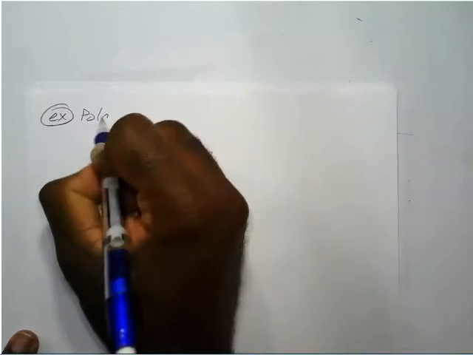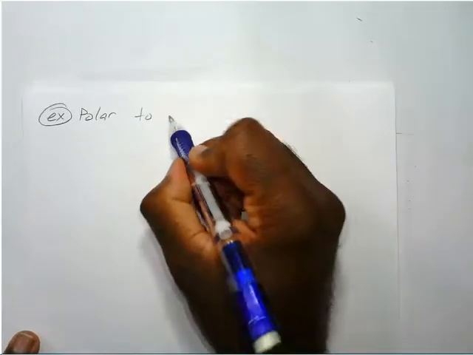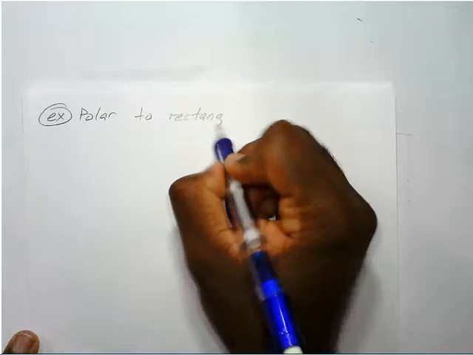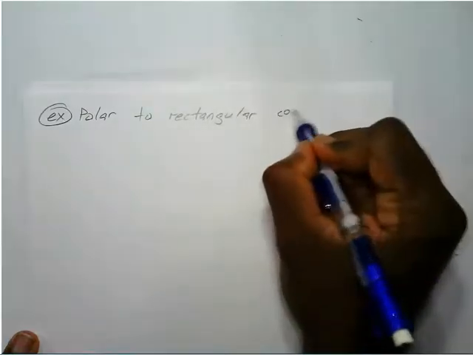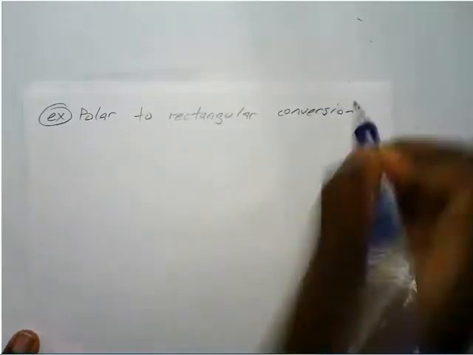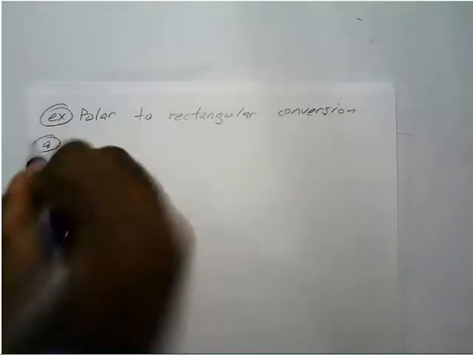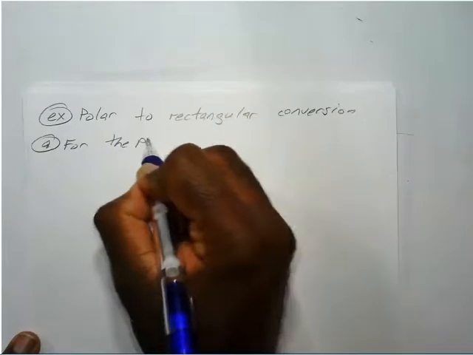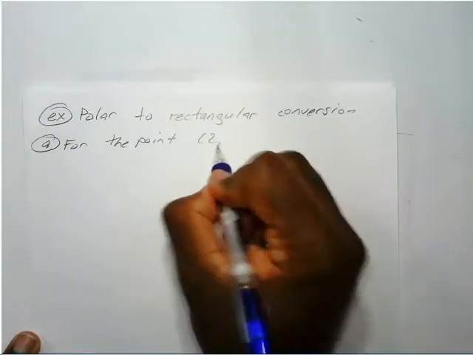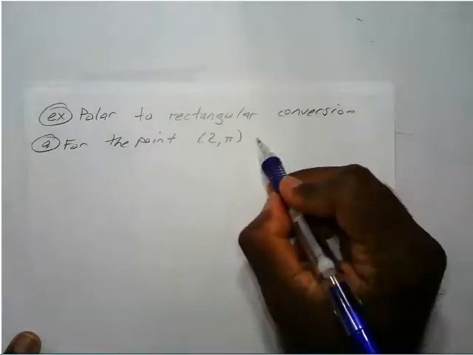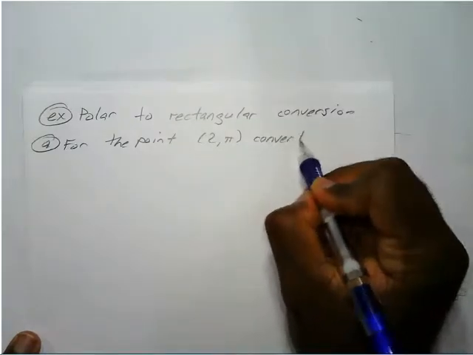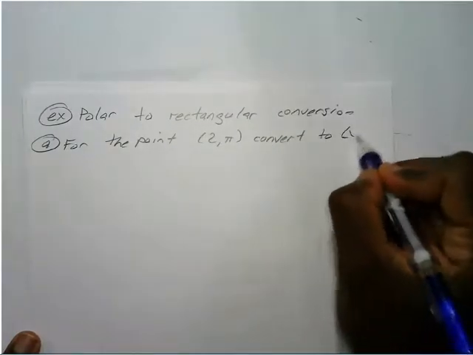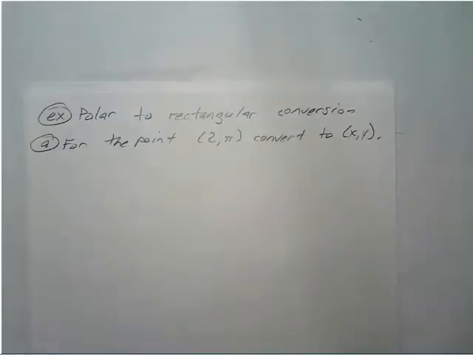All right, so let's say, for example, we have polar to rectangular conversion. Let's say for problem A, we have the point (2, pi), and we want to convert to rectangular, which we'll call x comma y.